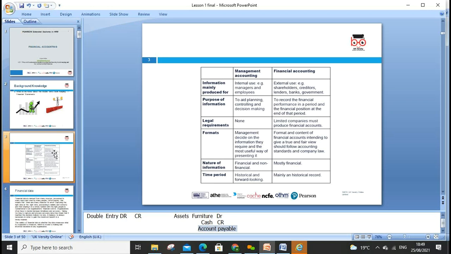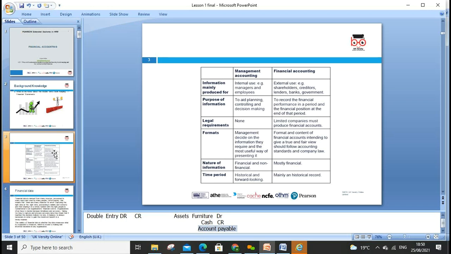So the difference: management accounting is internal, financial accounting is external reporting. Management accounts we prepare for planning; financial accounts we prepare so external people can measure. Financial accounts are a legal requirement, but management accounts are not; we prepare them or we don't.